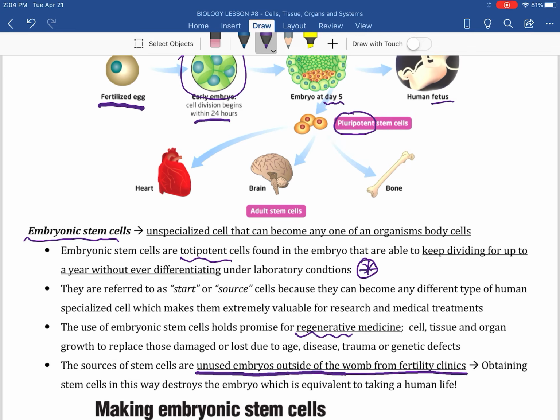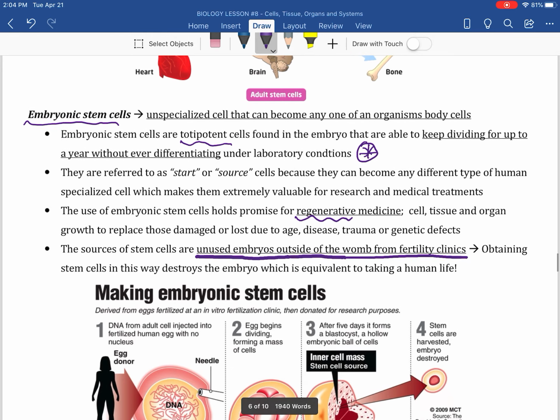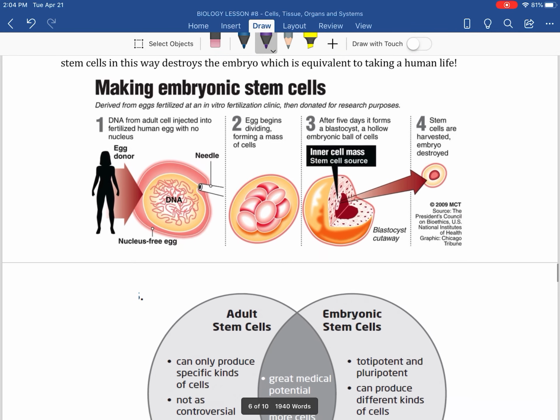Okay, so ultimately these embryos could have been a living thing, and instead we harvest them for their stem cells, ultimately killing that embryo. So there is an ethical dilemma when it comes to using these embryonic stem cells.